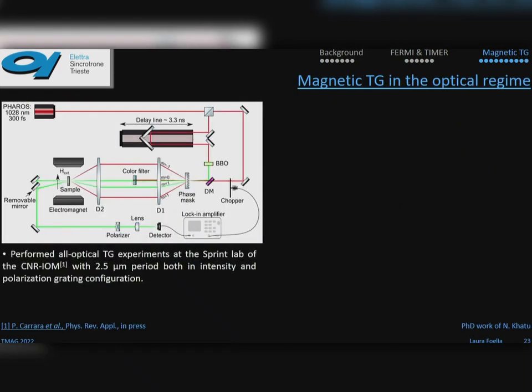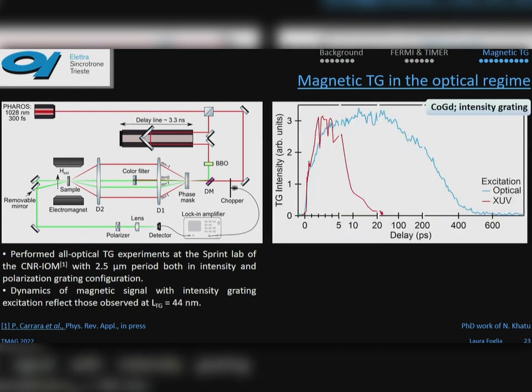We did some optical experiments at the Sprint lab of the CNR with 2.5 micrometer periods, both in intensity and polarization grating configuration, on the very same sample. And what you see in intensity configuration is that this is the EUV data, this is the optical data. It just takes much longer to relax, which is exactly what was expected for going from 44 nanometers to 2.5 micrometers.